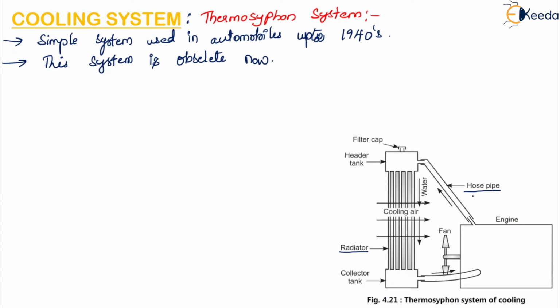In this system, circulation of water is obtained from the difference in densities of the hot and cold regions of the cooling water. So how is the water circulated in this system?